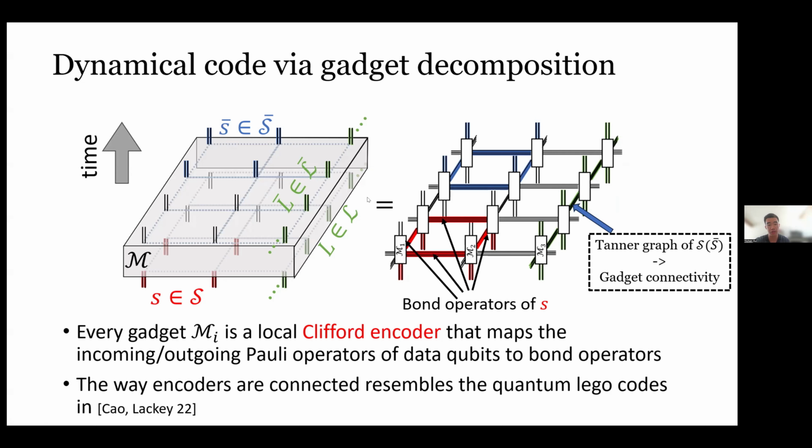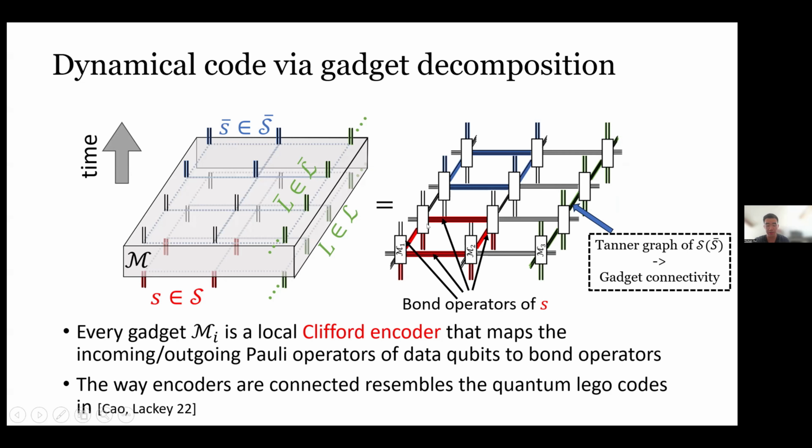And if you trace the Pauli web of the stabilizers evolving over time, for example, for an incoming stabilizer S marked in red here, it's supported on a bunch of physical qubits. The physical qubits before entering the dynamical codes are the ones pointing downwards. So it enters the black box on these legs, and it enters the gadget.